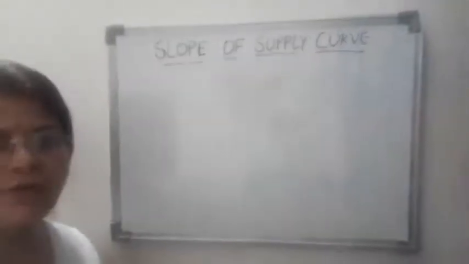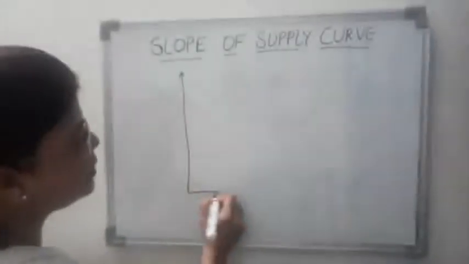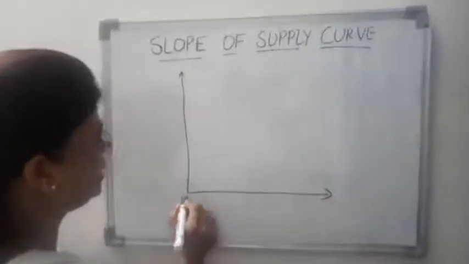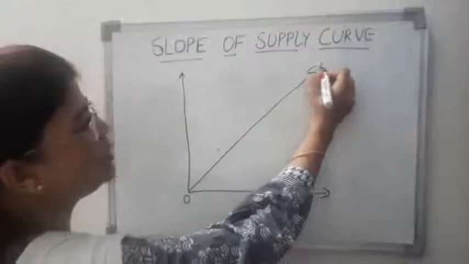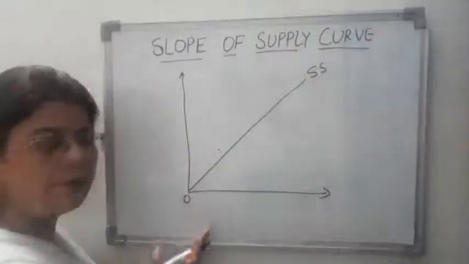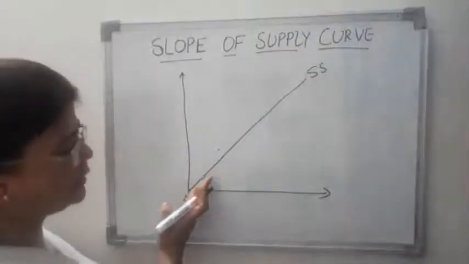Next is slope of supply curve. As we have seen the individual supply curve and the market supply curve, in that we have seen our supply curve is an upward sloping curve. We have got the supply curve like this.